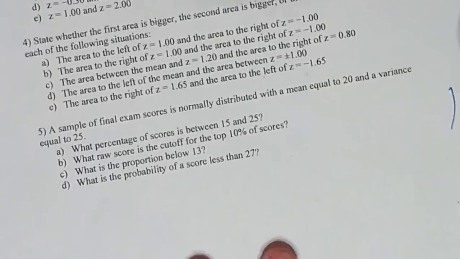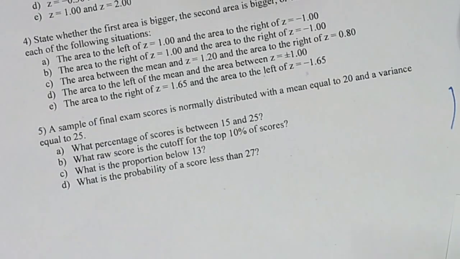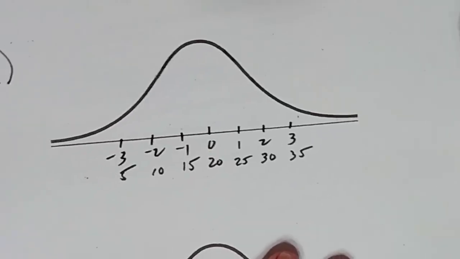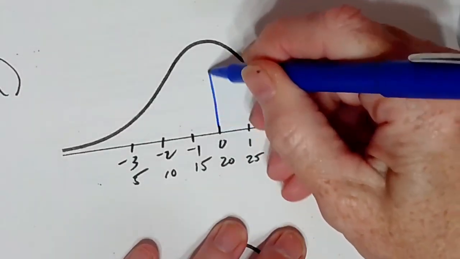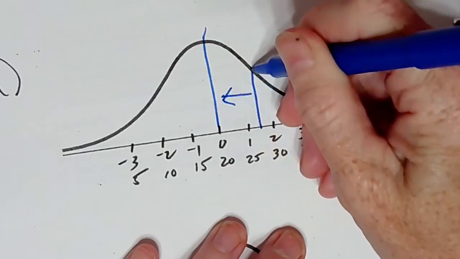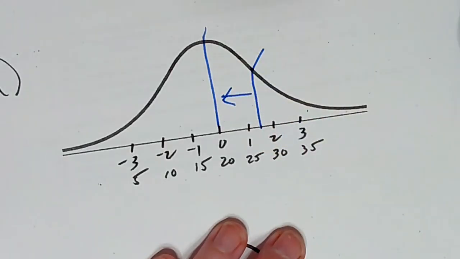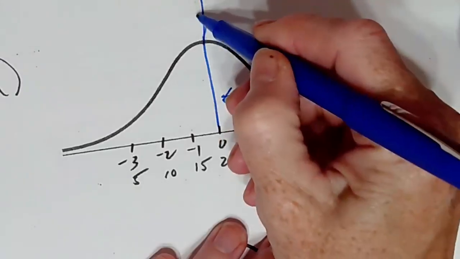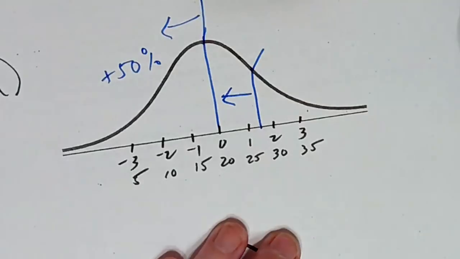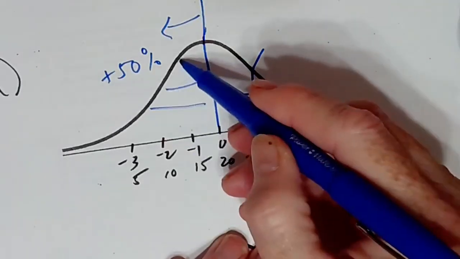And then the last one, D, asks what is the probability, which is the same as a proportion really, of a score less than 27? This one's a little bit harder because we've got to do two things. We have to find what Z value this is, and then add 50% to it, because that's all of this.